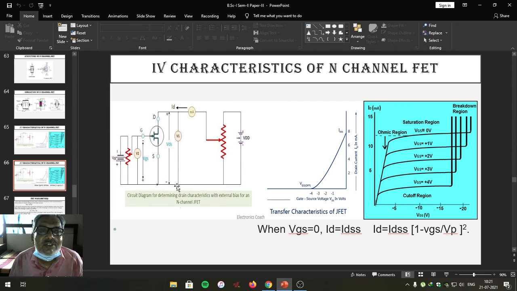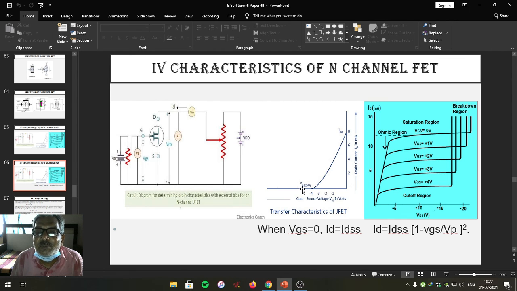It is a graph of ID versus VGS when VDS is constant. By using this rheostat, keep VDS constant. By using the input rheostat, vary VGS and note down ID. Plot the graph. From the nature of the graph, what we can observe is, assuming it is reverse biased, we have taken this in the second quadrant.